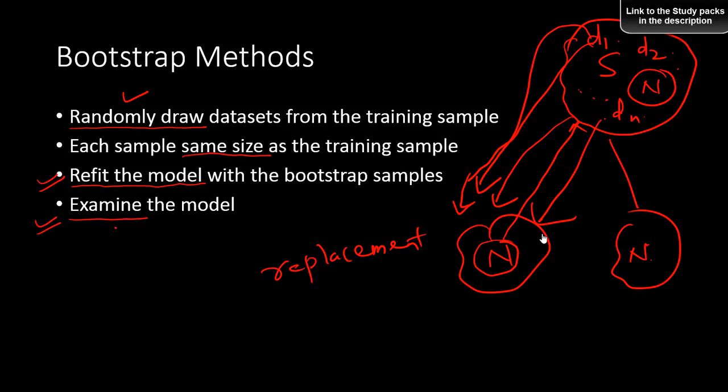Now that said, the subsamples will be completely different most of the time from the main sample, and then you build your model on each of these subsamples. If you have selected 100 subsamples from the main sample by selecting random observations with replacement, then you will have 100 different models, right? 100 different models.